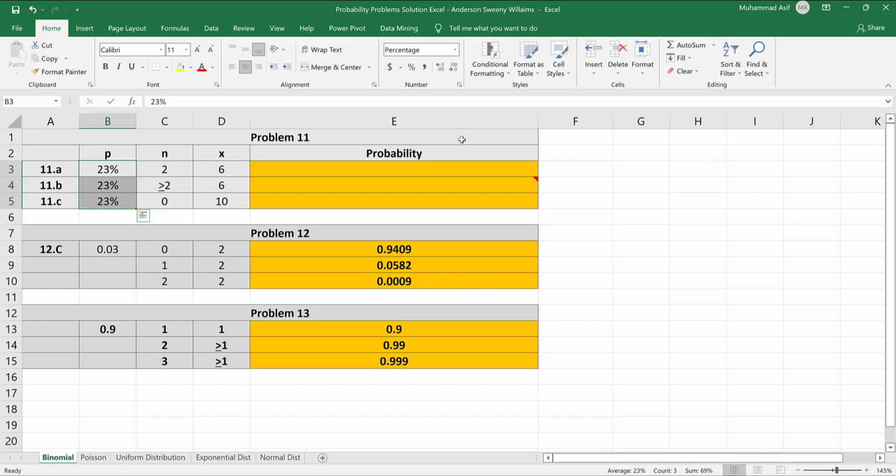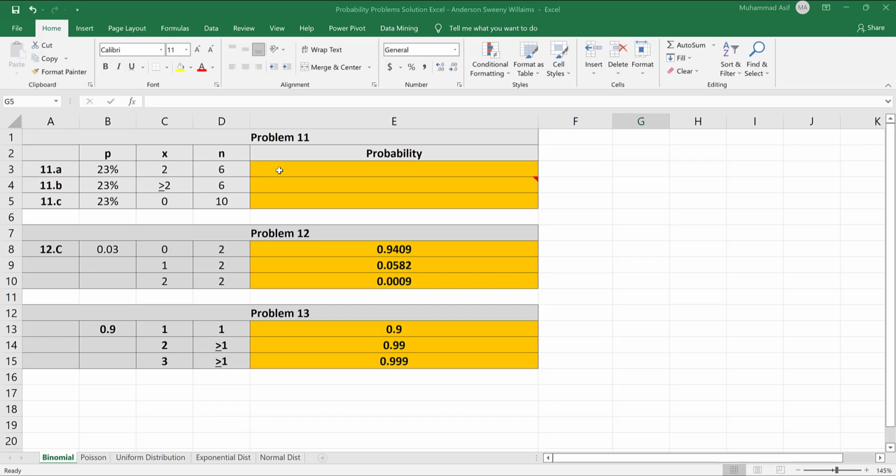So in this problem, x is 2, n is 6, which means we are interested in two outcomes in 6 trials with a probability of 23%. What's the probability that 2 of them have boycotted a product for ethical reasons when we do this experiment, collecting survey data from 6 citizens, and the probability is 23%.